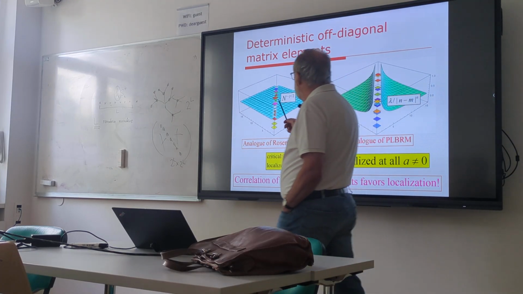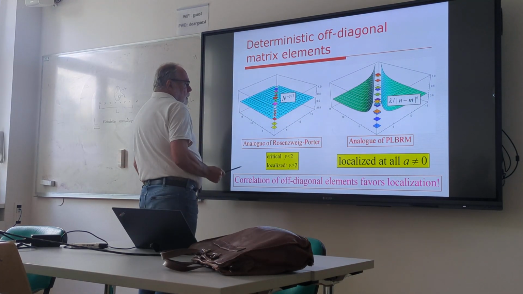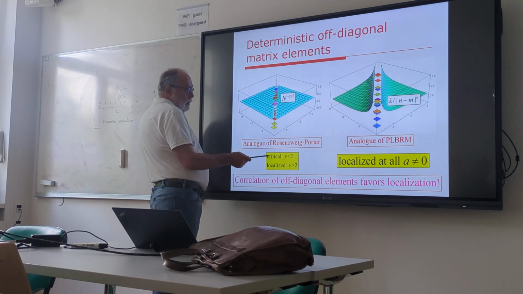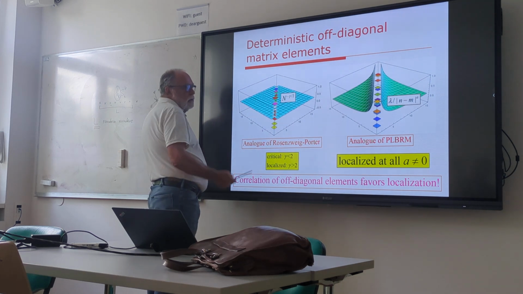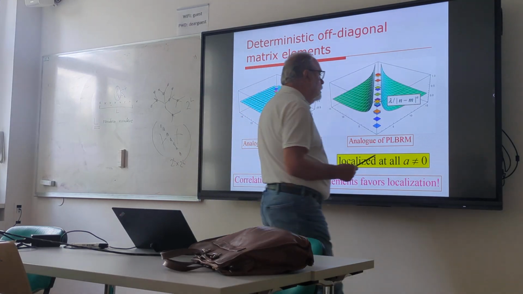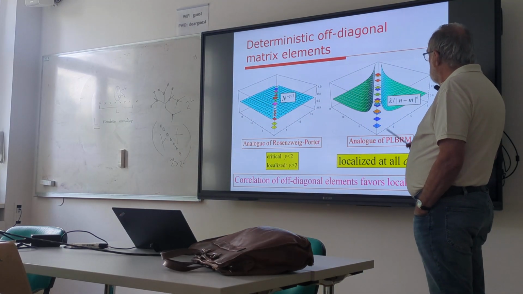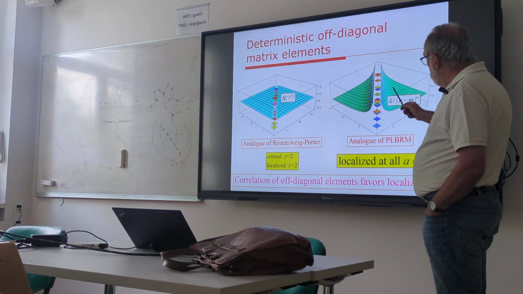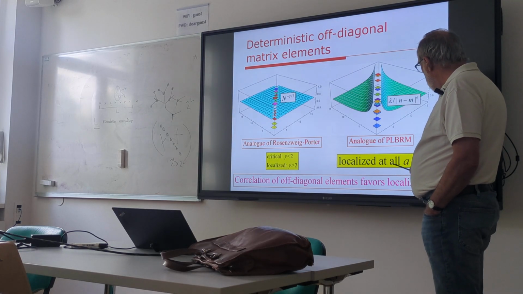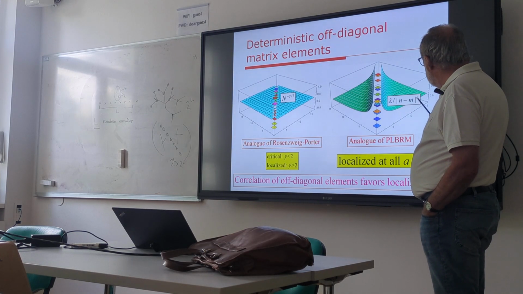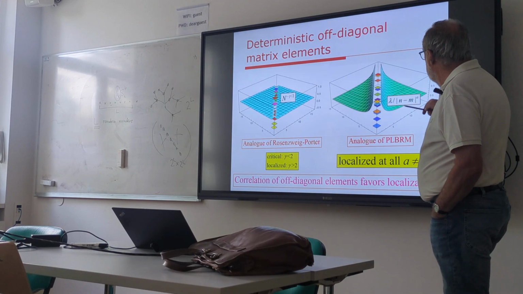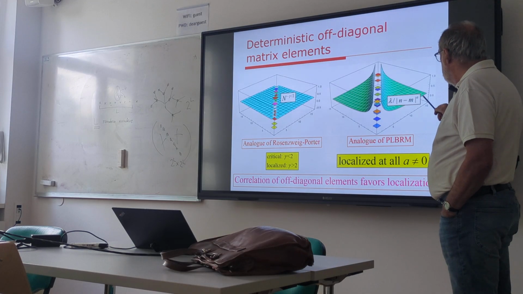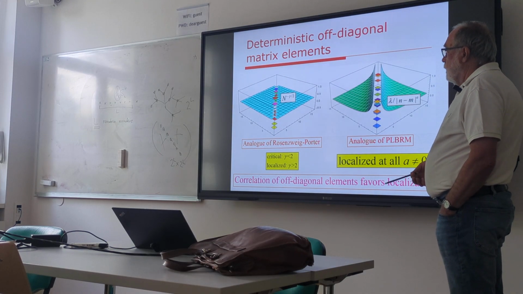So you see that making off-diagonal matrix elements correlated removes the ergodic case whatsoever. So this means that localization effects become stronger. Now, here the same thing, but here it is even stronger. You know what we had for fluctuating diagonal elements: when A was greater than 1, we have localization.